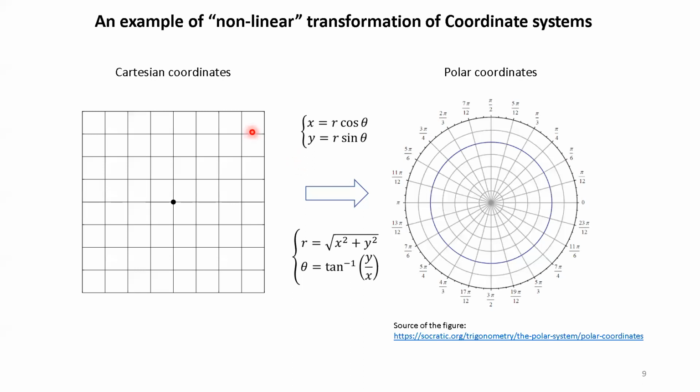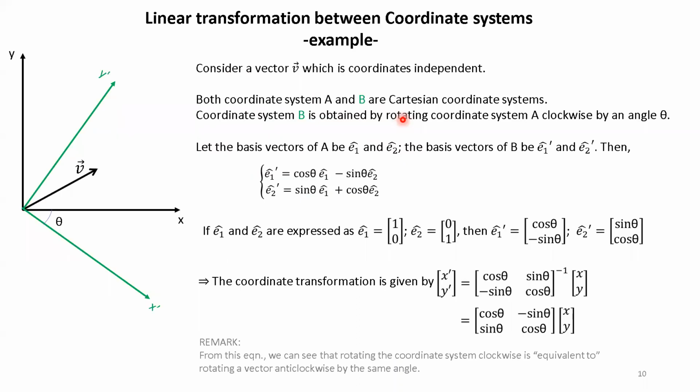If you go from Cartesian coordinates to polar coordinates, this is not a linear transformation, because if you relate the coordinate variables in this form, you cannot write it as a matrix that has the x, y column vector on one side and the r, theta vector on the other side. This is an example of a nonlinear transformation.